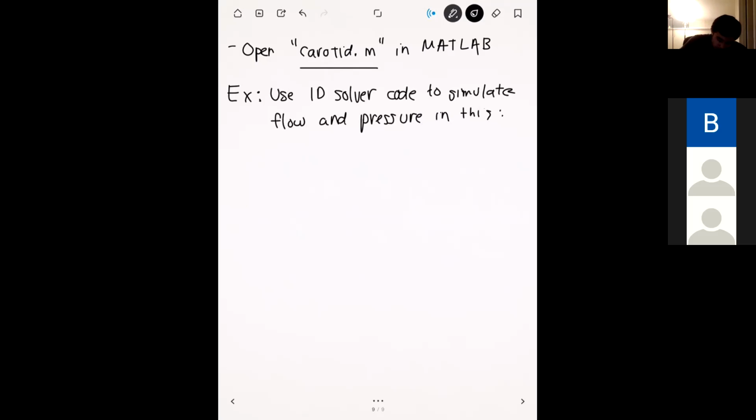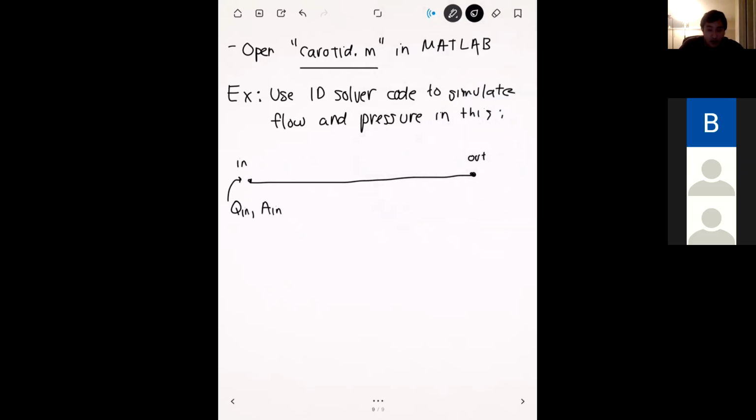It's a 1D code, so we're just going to have a one-dimensional vessel. It's going to look like this. At the inlet to this vessel, we're going to prescribe a flow rate, and we're also going to prescribe the inlet area. So this is the inlet of the vessel. This is the outlet.